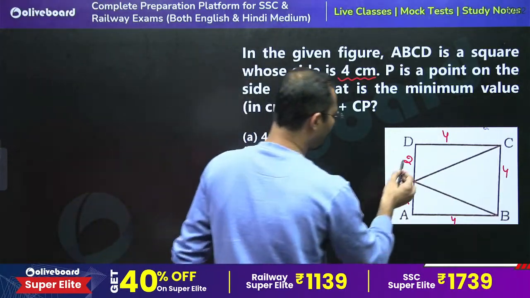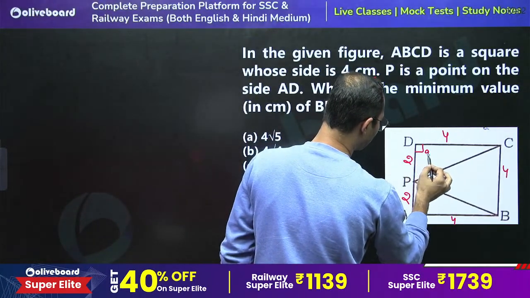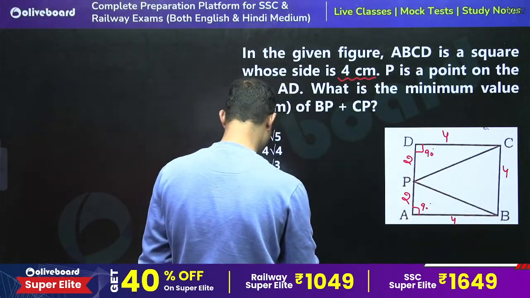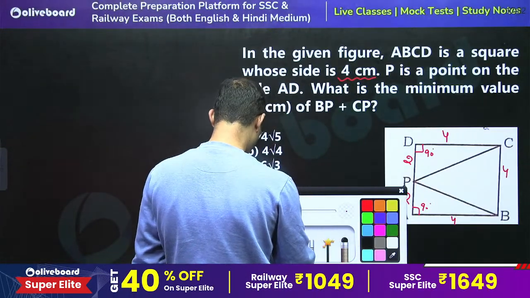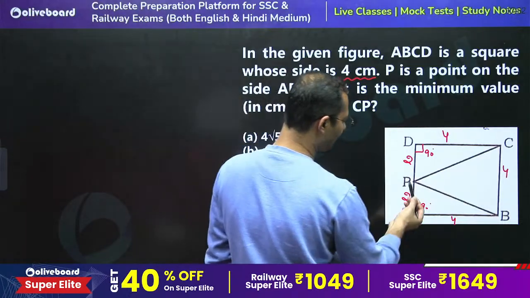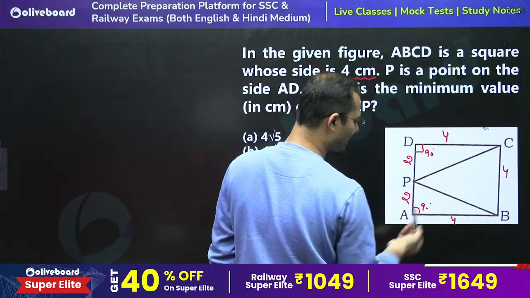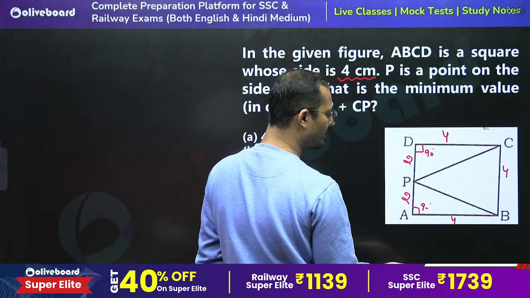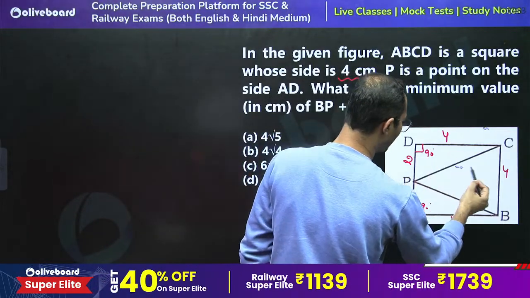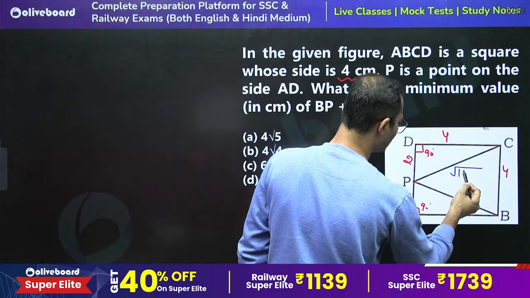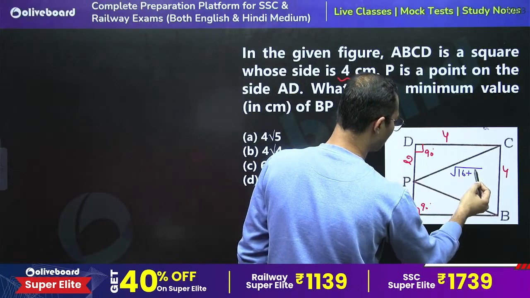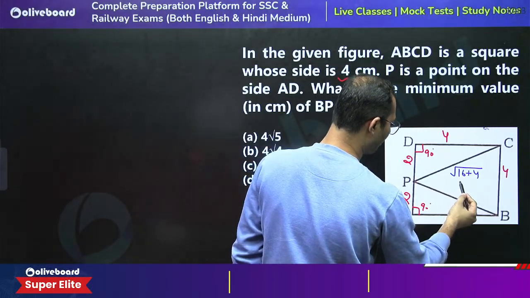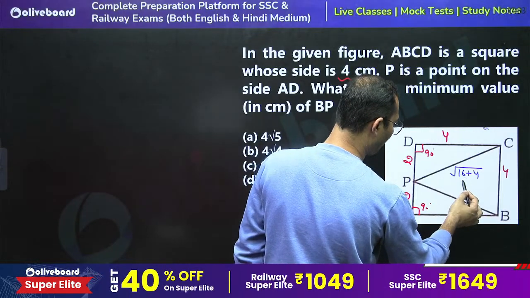So see, we know that each angle of a square is 90 degree. So this is becoming 90 degree. Okay. So tell me, if we have to calculate the hypotenuse, PC is a hypotenuse, PB is a hypotenuse. If both sides are equal, the hypotenuse is also going to be the same. So hypotenuse is equal to 4 square, 16, plus 2 square, 4, right? So square root of 20. What is the square root of 20? So 4 into 5, so 2 root 5.